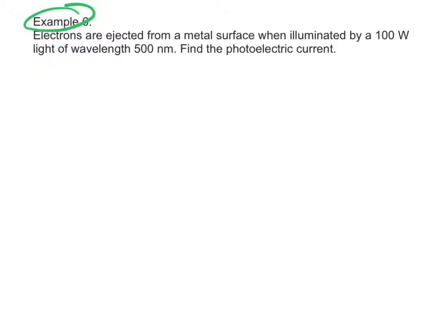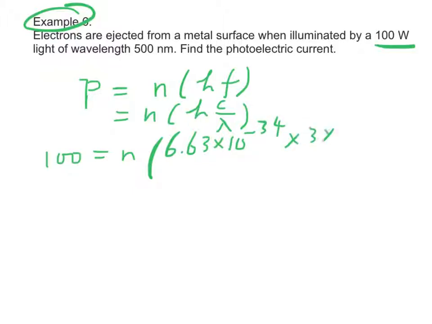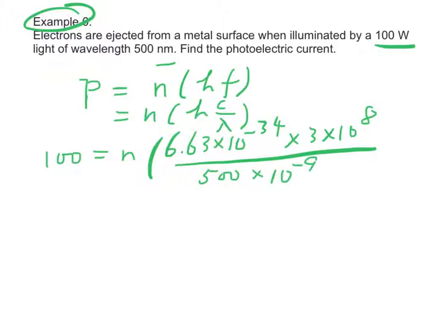Example 6. By using power P equal to N times hf equal to N times hc over lambda, we have P 100 equal to N times h, which is 6.63 times 10 to the power negative 34, c is 3 times 10 to the power 8, over wavelength 500 nanometers, which is 500 times 10 to the power negative 9 meters.